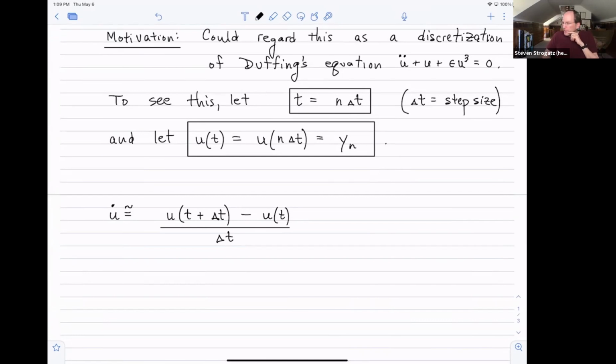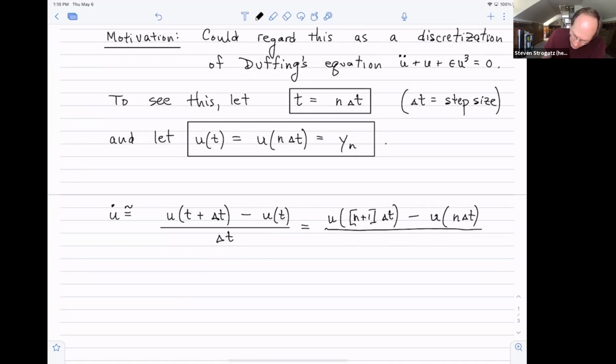for small delta t. And if we write that in terms of our notation, this would be u at n plus 1 times delta t minus u at n delta t all over delta t.